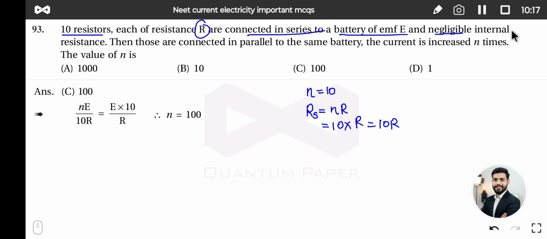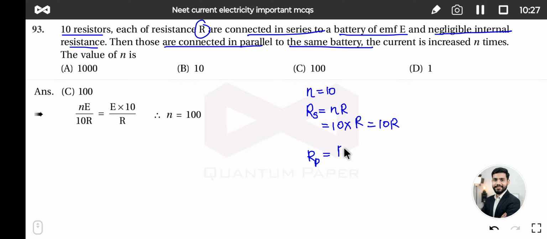After that, with negligible internal resistance, they are connected in parallel to the same battery. So in parallel connection, in case of identical resistances, the formula is r upon n, which is nothing but r upon 10. The current is increased n times, then the value of n is.